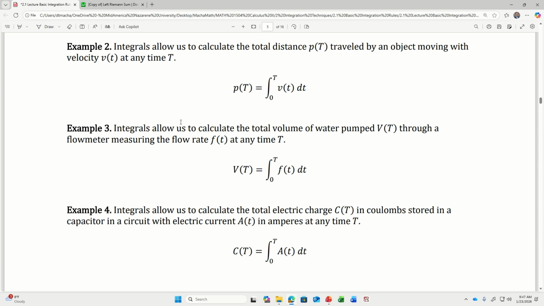Some other examples: if you want to know the total distance traveled by an object and you know a function describing its velocity at any time, then the integral gives you the total distance traveled. If you knew a function describing the flow rate of water, then an integral of that function could tell you the total volume of water.